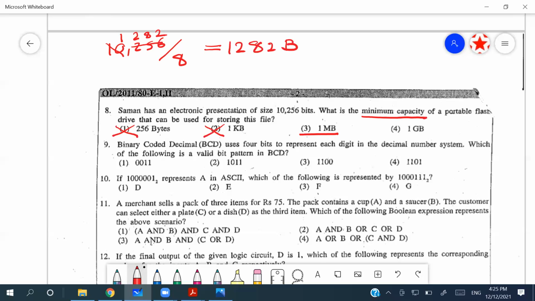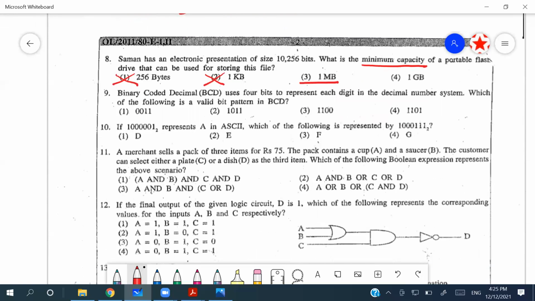Okay, 11th one. A merchant sells a pack of 3 items for 75 rupees. The pack contains a cup and a saucer. So cup is indicated by A, saucer is indicated by B. The customer can select either a plate or a dish as the 3rd item.